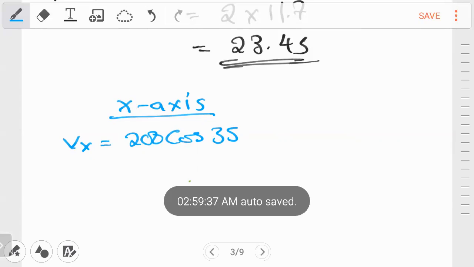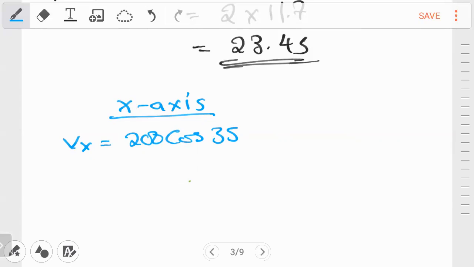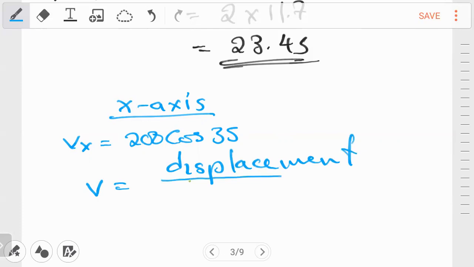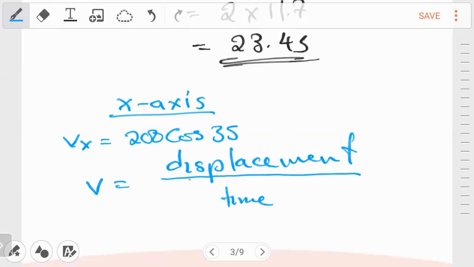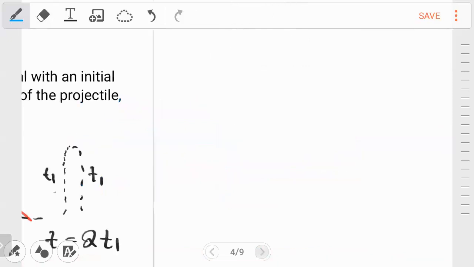It means that I have the velocity is equal to the displacement over the time. That is displacement, which is my range, divided by the total time of flight. So my velocity in the x is that 200 cos 35.